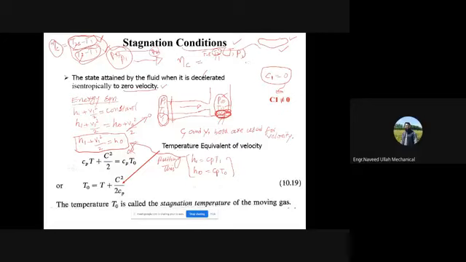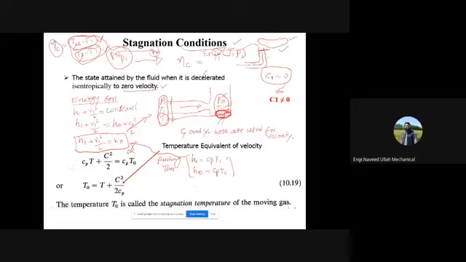So, for example, this is your pitot tube. What does the pitot tube do? The air is coming here and it is decelerated, and the velocity is zero in this column. So at this point the pressure value that you are measuring will be the stagnation pressure.